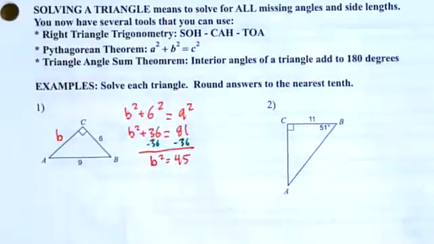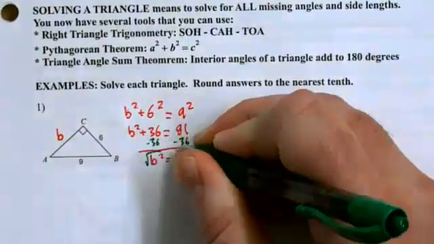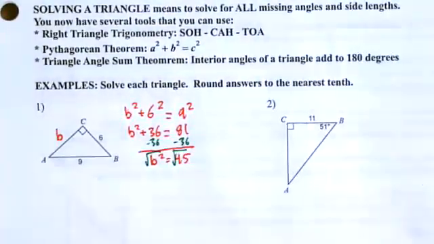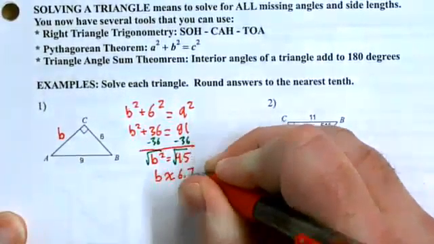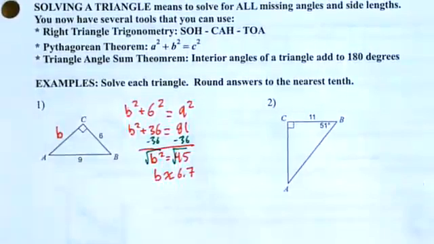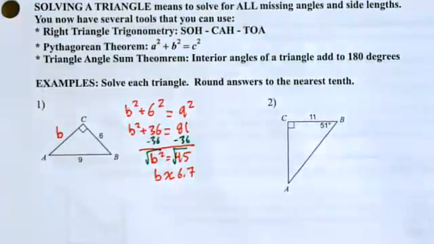And for these problems, we're just going to be rounding to a decimal place. I don't know the square root of 45. 6.7. Just punching it in my calculator to verify. Yeah, we'll say about 6.7.